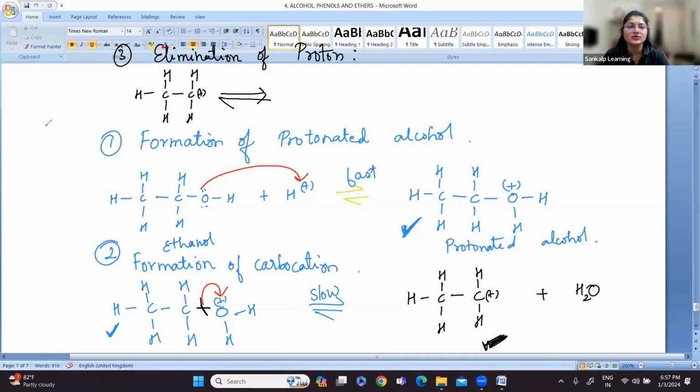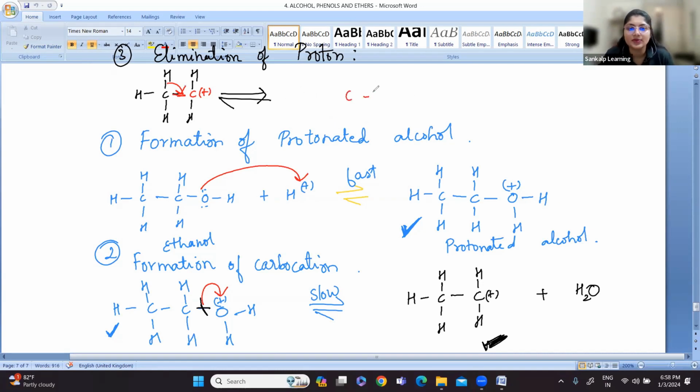This is my positive charge, okay. So what is happening here? Now this bond will shift here, on this arrow, and you get HC double bond like this. So you get an alkene. I'll write it properly.